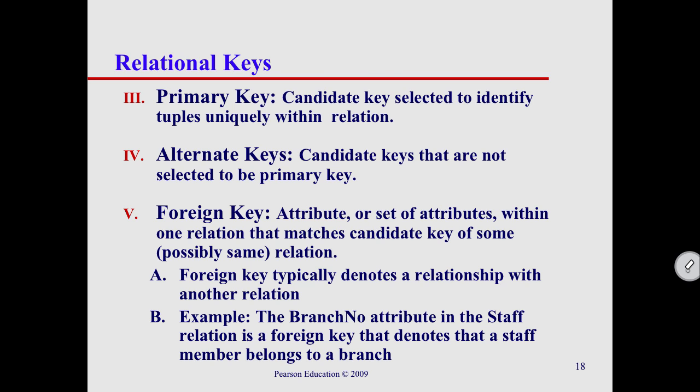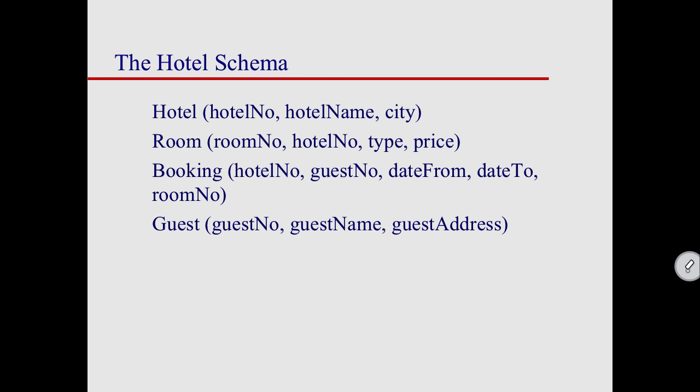So in the case of booking, you would probably do it based on which queries are most likely. So you probably would actually choose the primary key to be guest number and date from. The reason is generally when someone calls in to ask about their reservation, it's their guest number and the day they check in that they remember.